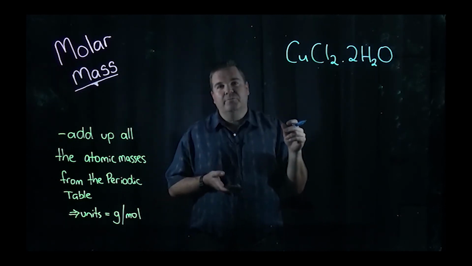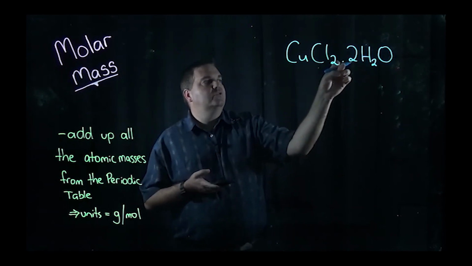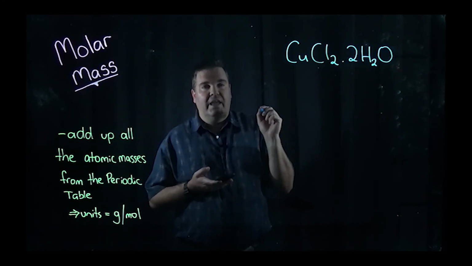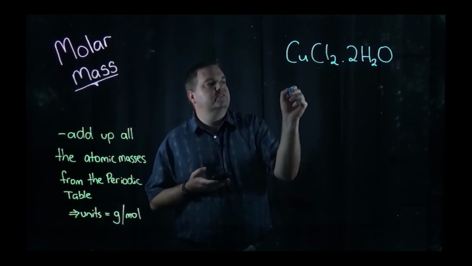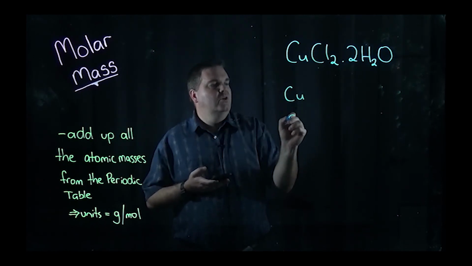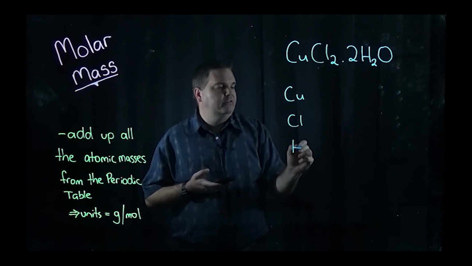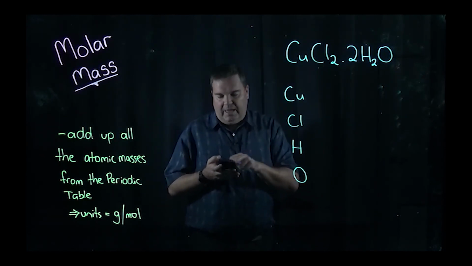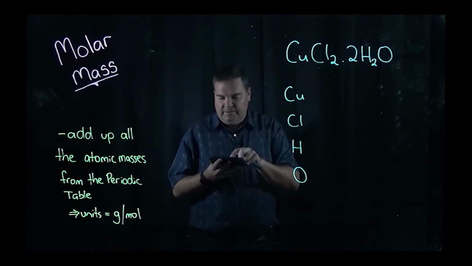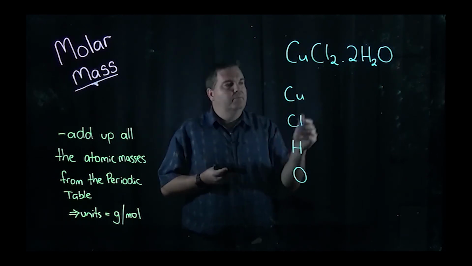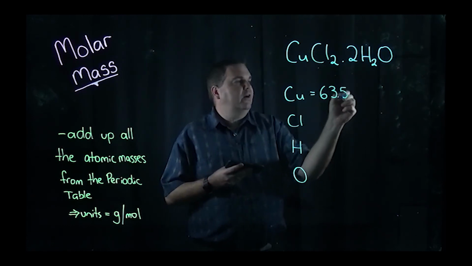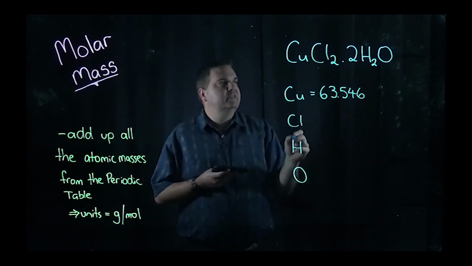Now, a mistake a lot of people make is that they treat the dot there as a times, but that's not the case. You just look at the atoms you've got in this substance. Again, we've got a copper, chlorines, hydrogens, and oxygens. Copper has a mass number of 63.546 off the periodic table.